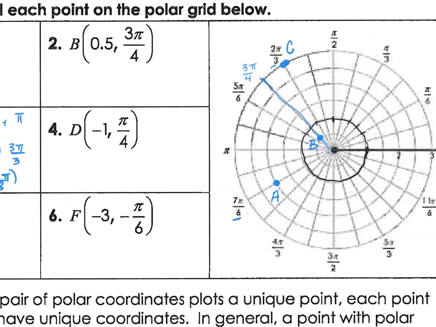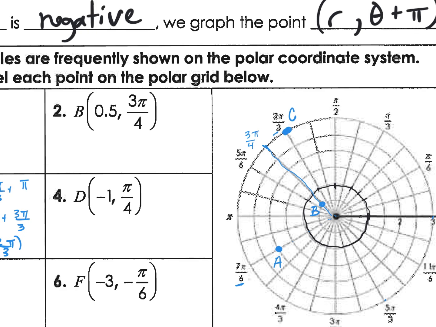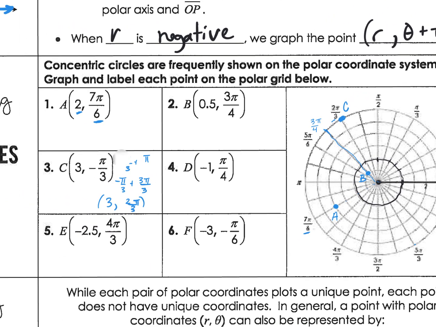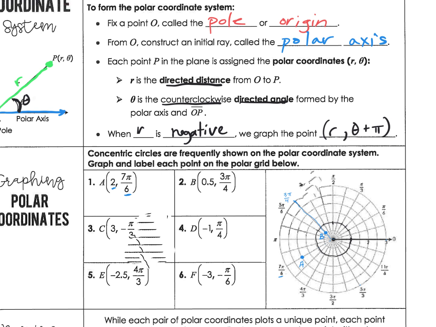D would be -1. Oh, wait a minute. I made a mistake. What did I not pay attention to? What does this say? It says when r is negative. Well, r wasn't negative here, was it? See, easy mistake to make. R is not negative here.